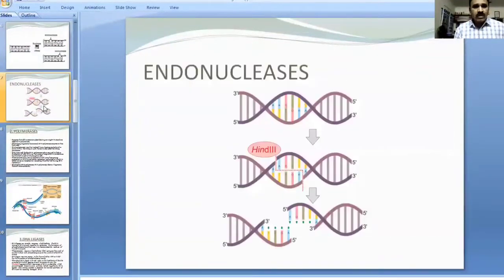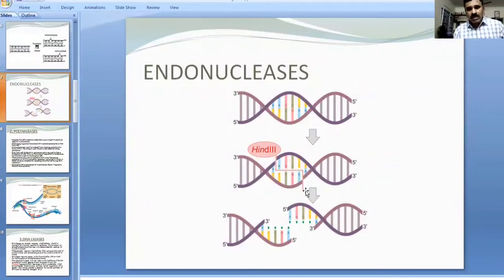Here you can see one of the examples of endonucleases, that is HindIII, where these restriction enzymes can cut inside the DNA molecule into two pieces. This type of method is called the sticky and cohesive end method.